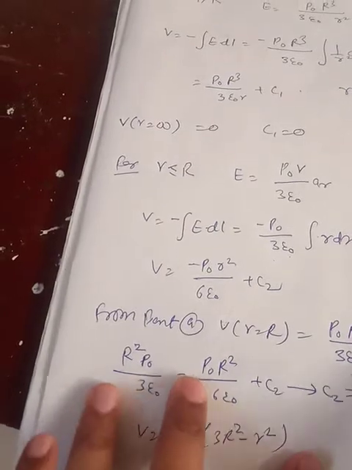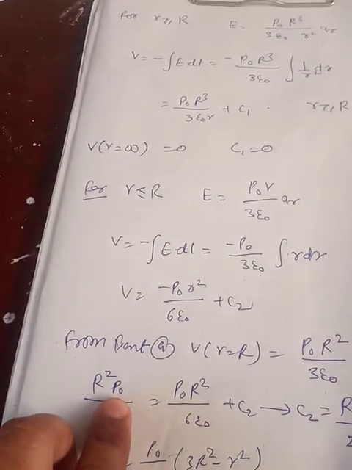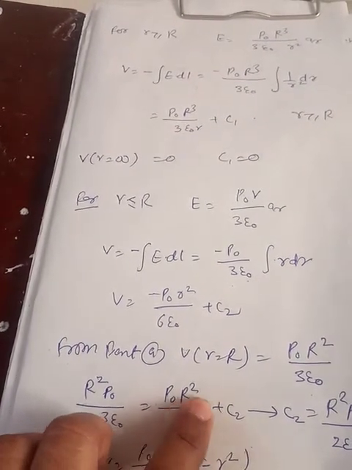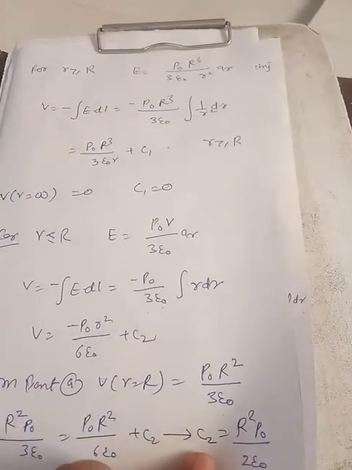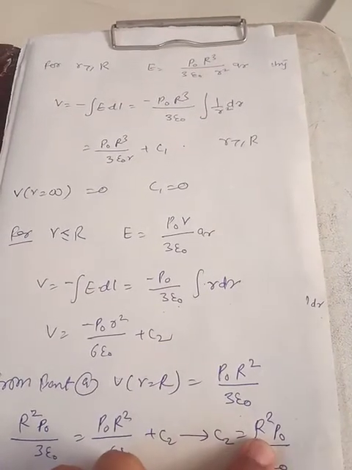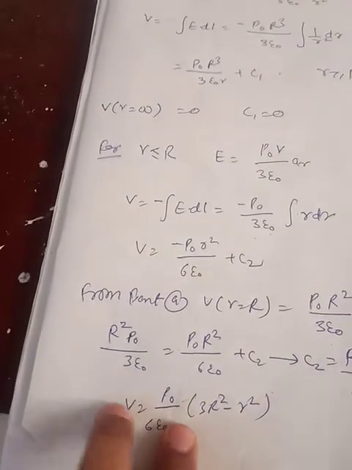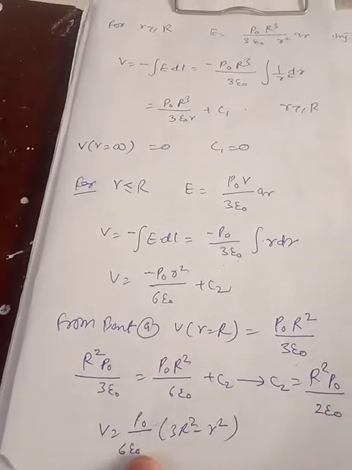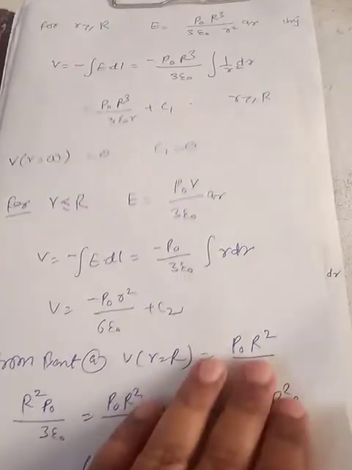With this equation, we can write R square times rho_0 upon 3 epsilon 0 equal to rho_0 R square upon 6 epsilon 0 plus c2, and c2 turns out to be R square rho_0 upon 2 epsilon 0. So you will get the value V equal to rho_0 upon 6 epsilon 0 times (3 R square minus small r square).